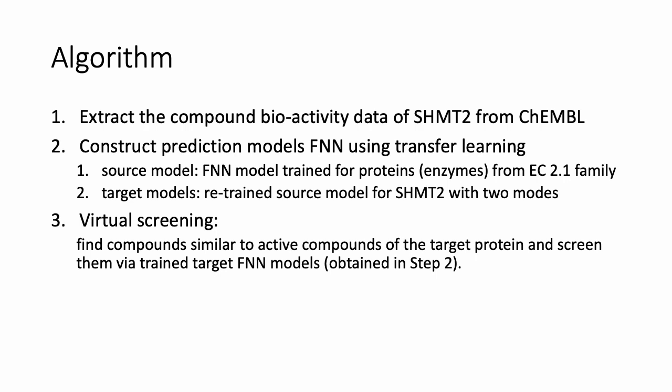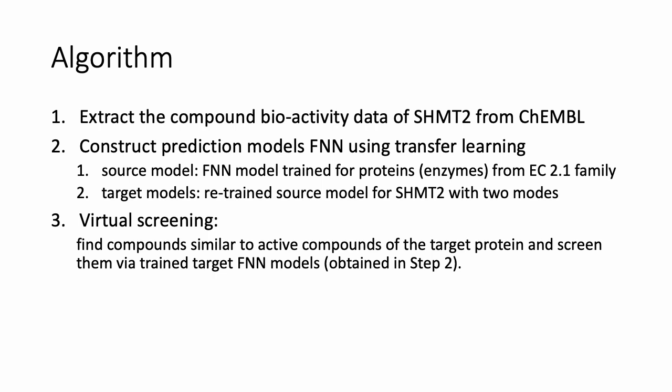Here is the algorithm that we follow. First, we extract the compound bioactivity data of SHMT2 from the ChEMBL database. Then we construct prediction models which are composed of feed-forward neural networks using transfer learning. The source model here is a feed-forward deep neural network model trained for proteins from an upper level class family.